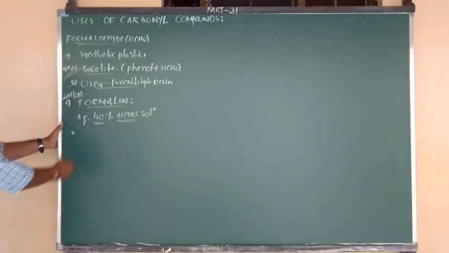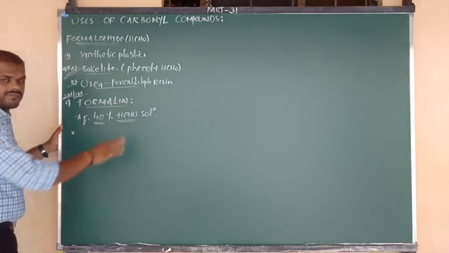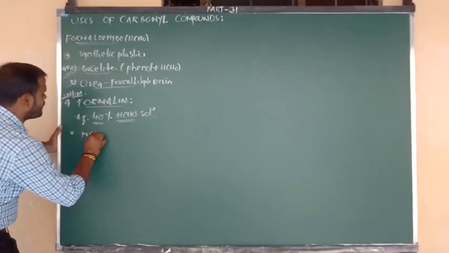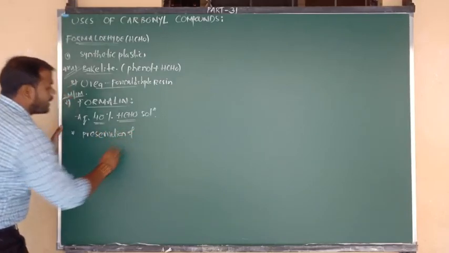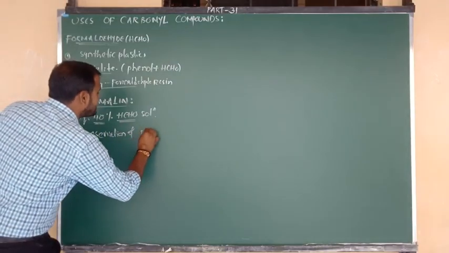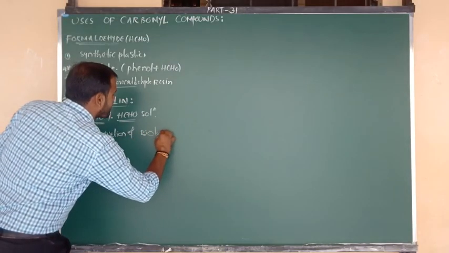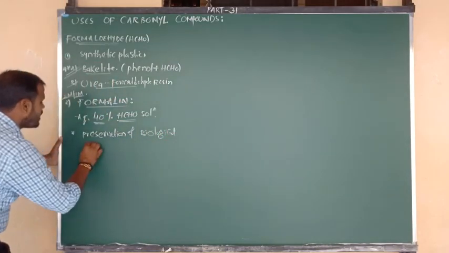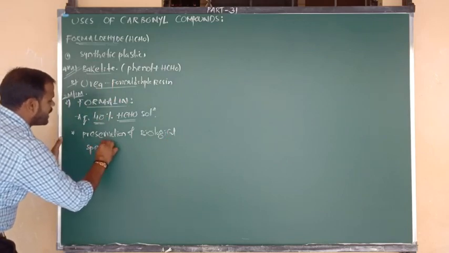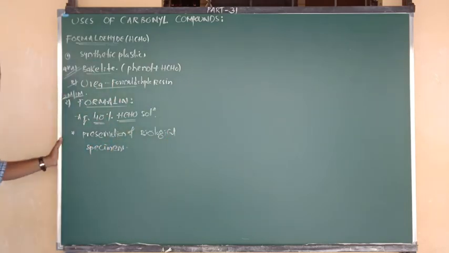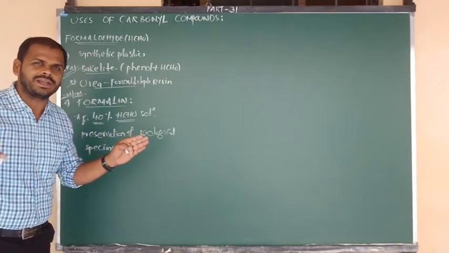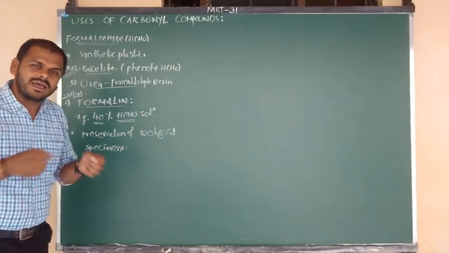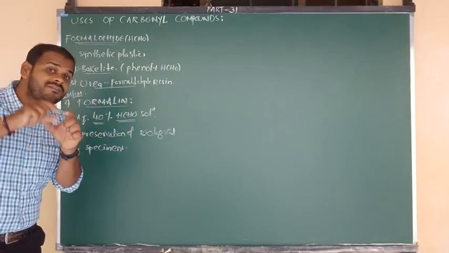So formalin solution, or aqueous 40% formaldehyde solution, can be used for the preservation of biological specimens, such as embryos and plants. They can be protected against microorganisms inside the glass container by preserving them in the solution.